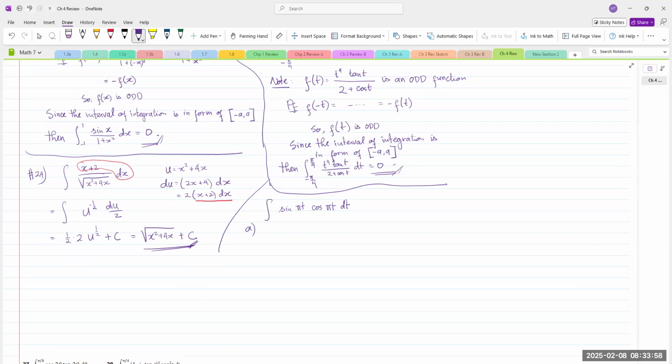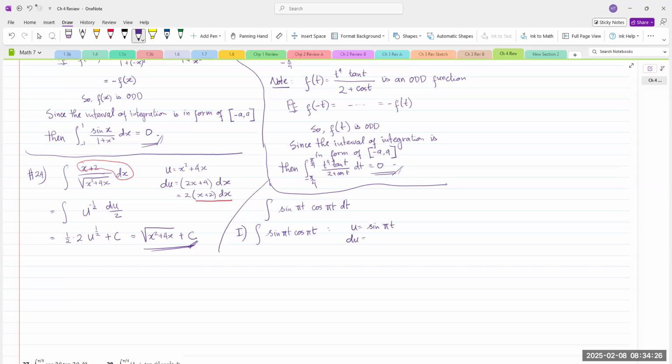The first method: if I use u as sine t, my derivative is in cosine form. So the first method is I use u equals sine pi t.